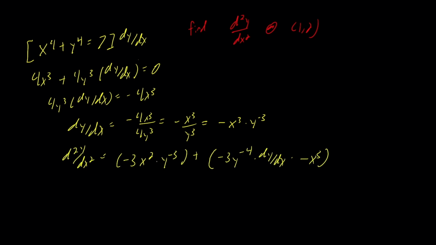When we differentiate again, the product rule still applies, and the concept of implicit differentiation is also upheld. Notice here that dy/dx is still equal to the prior expression we solved.